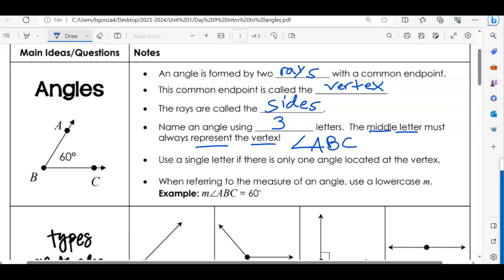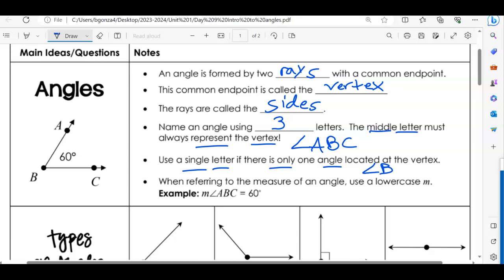B is the vertex in the middle, where it changes directions. All right, now here's another thing. We talked about this. If you have an angle all by itself, then you can use a single letter if it's the only angle that you can see. So since that's the only angle, I could also just call this angle B. That works out, okay?